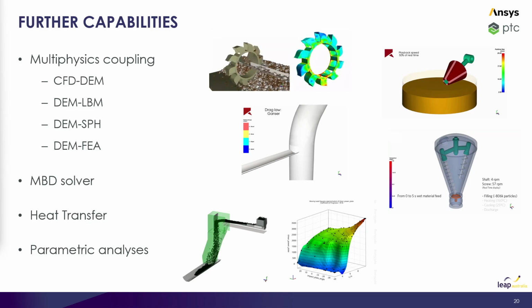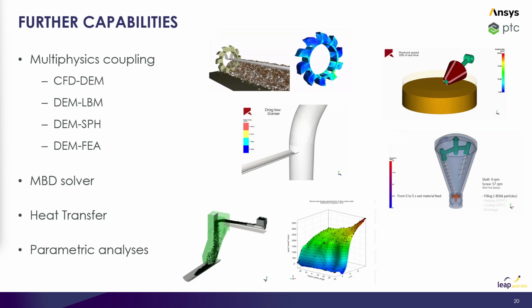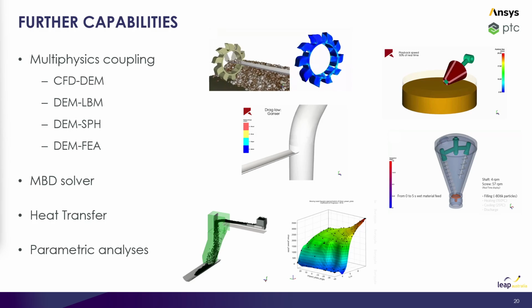In the same way, we can look at things like dust modeling, or dust plume formation or suppression, through CFD coupling. And actually, there are many different ways that we could address this type of problem, with differing levels of complexity.